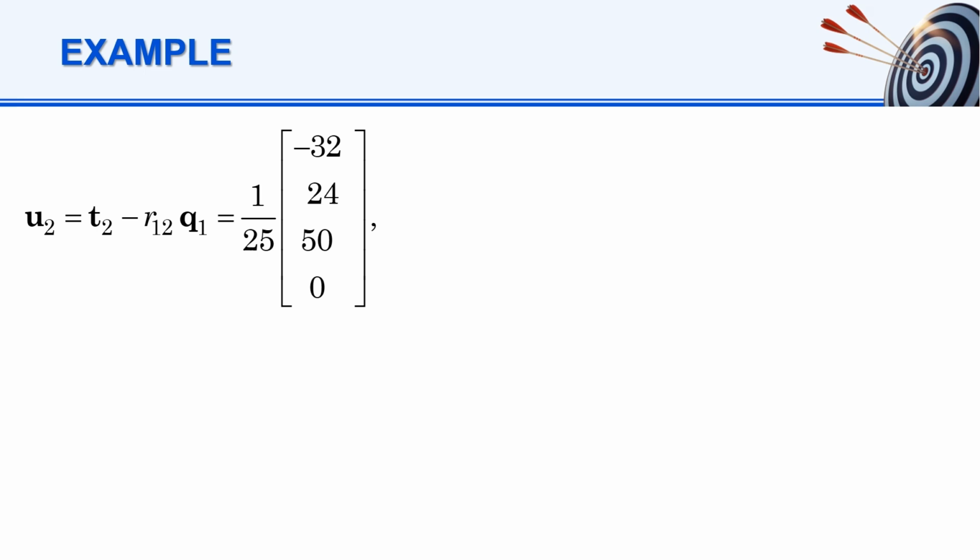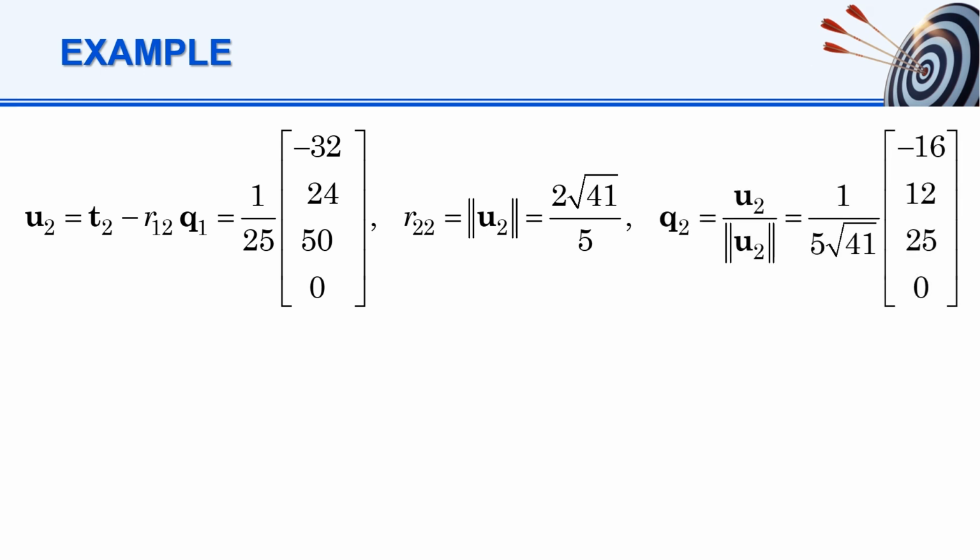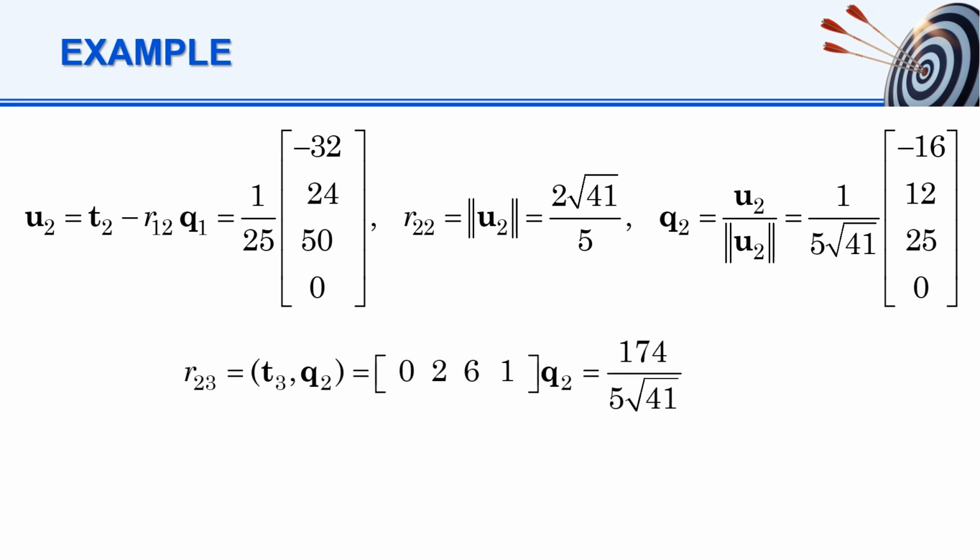For the vector T2, we obtain U2 as follows. Its magnitude, which is r22, is found, and we normalize U2 to obtain orthonormal vector Q2. Next, we compute projections of Q2 onto the basis vectors T3 and T4.